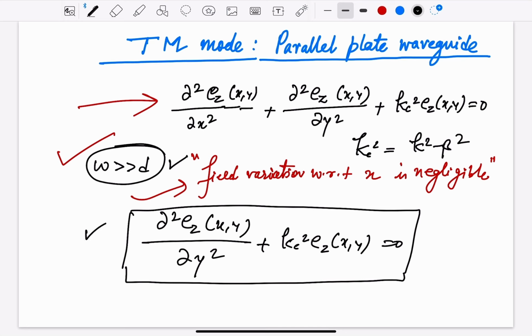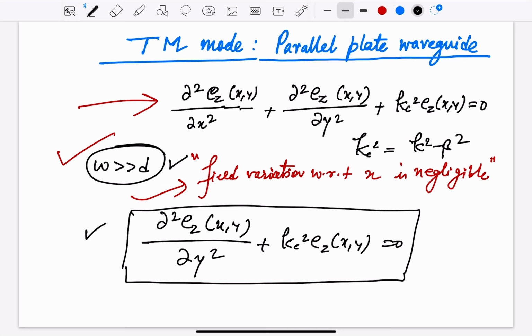Fine. Now once you have this Ez, you can use those relations we obtained in the last classes. We can obtain the other field components like Hx, Hy and Ey. If you see, we derived these components in terms of the Ez component. So right now we have this Ez, correct?